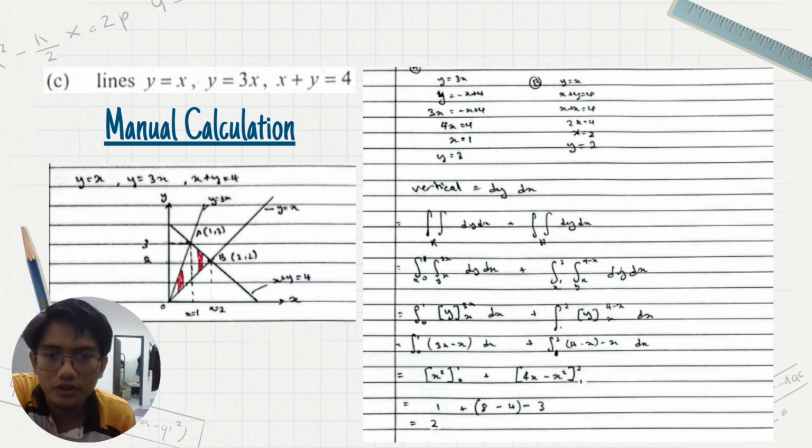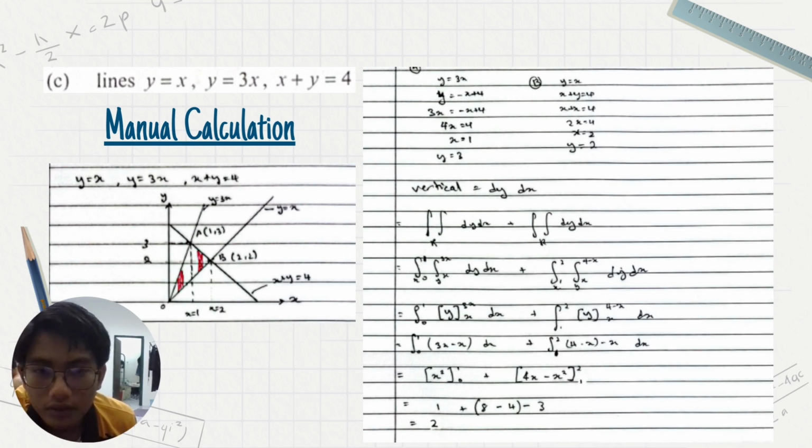The question is lines y equals x, y equals 3x, and x plus y equals 4. First of all, you need to sketch all the lines, and as you can see, the line x plus y equals 4 intersects with the lines y equals 3x and y equals x. There is a region between all those lines.